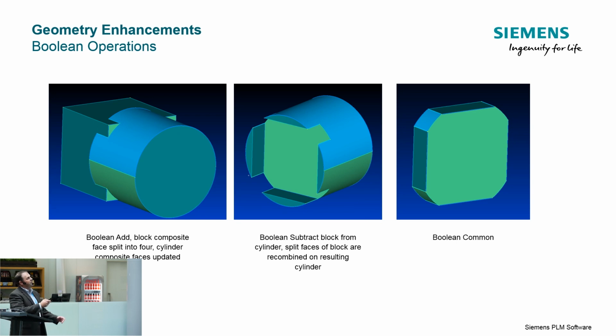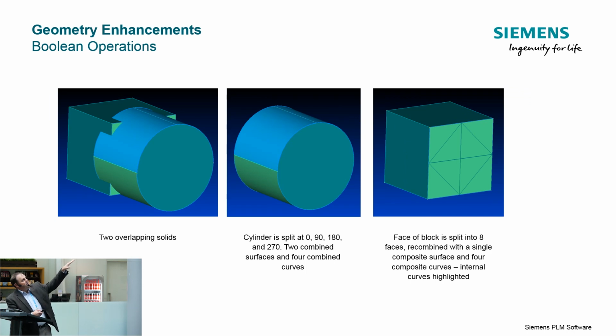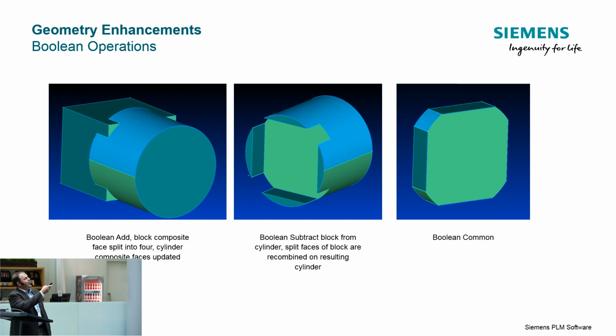This is just simply a demonstration of taking these parts. There's a boundary surface on the bottom. So when the cylinder is added to the block, that boundary surface gets updated, and mostly it gets maintained and updated during the add operation.